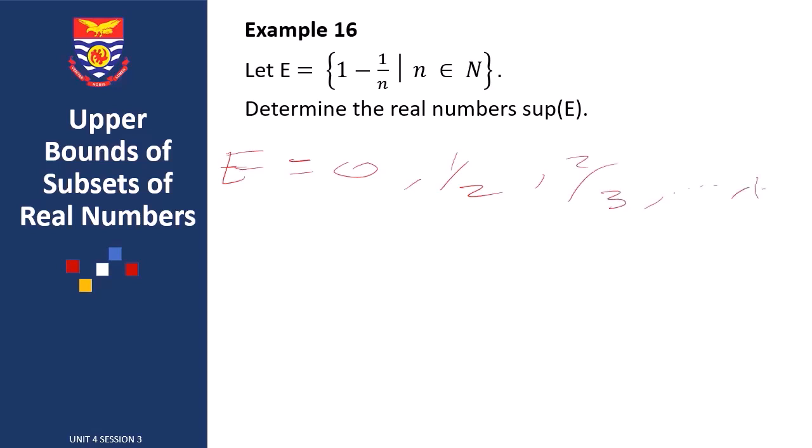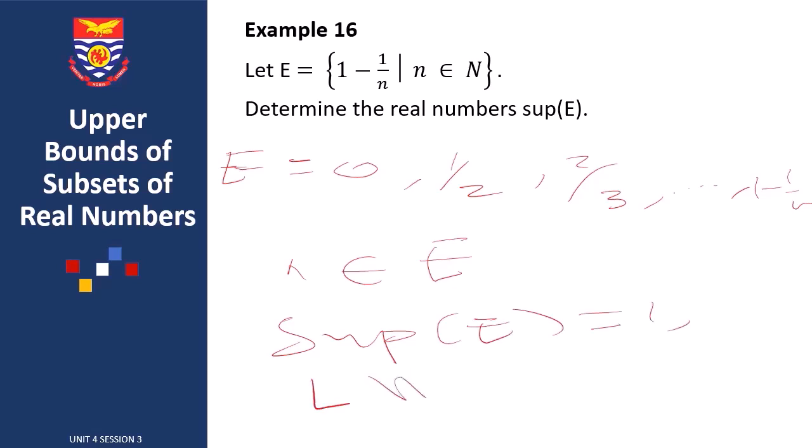Once you are able to establish this, you can see that the set E is bounded above, so there is a least upper bound of E, and that least upper bound is the sup. So the sup of E equals 1. That is, the least upper bound equals 1. So that's very interesting.